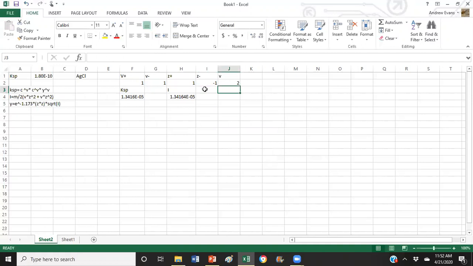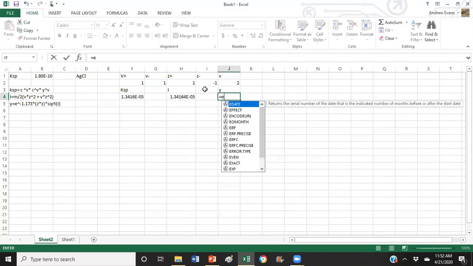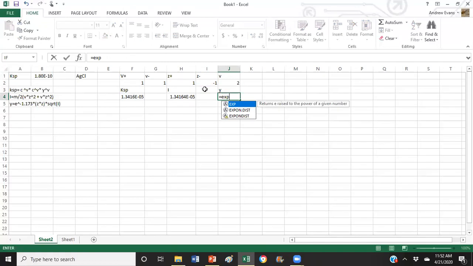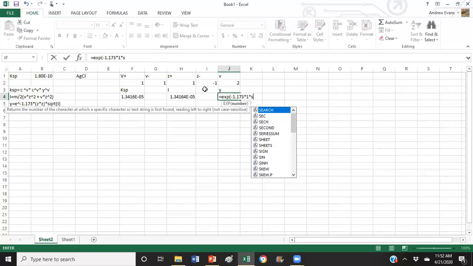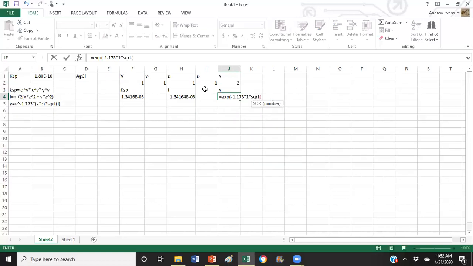Now let's look at how that affects the activity. The activity coefficient is the exponential of negative 1.173 times the absolute value of z plus times z minus, which is 1, times the square root of whatever this is.